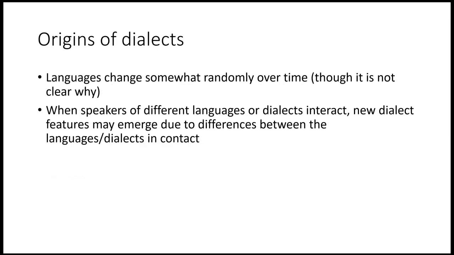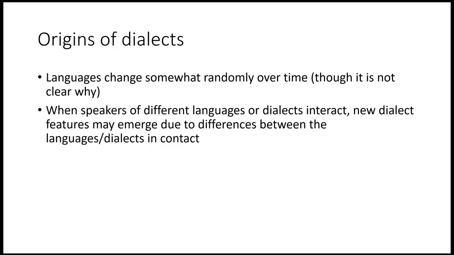Dialects come from the fact that languages do change over time. I say on the slide somewhat randomly, basically because we don't have a great understanding of exactly what causes languages to change, or in any particular situation why a language would change in a particular way.